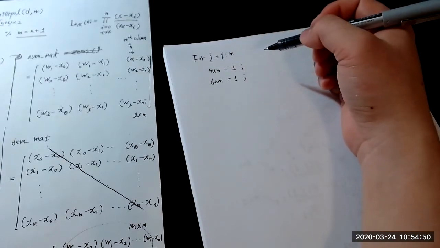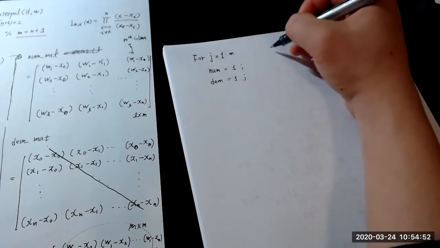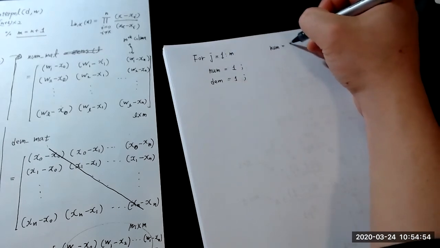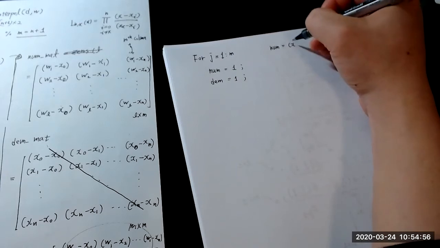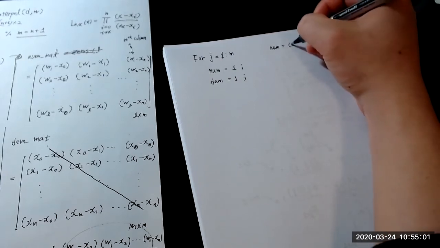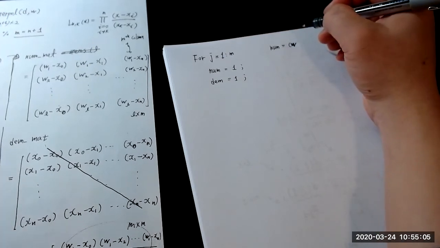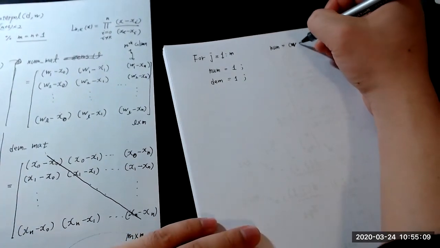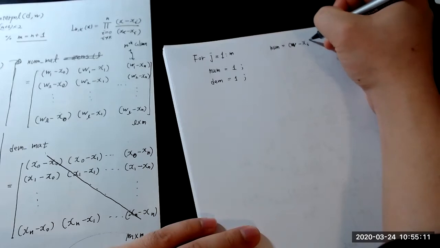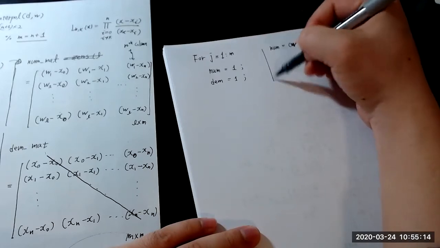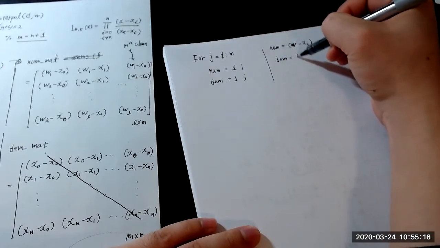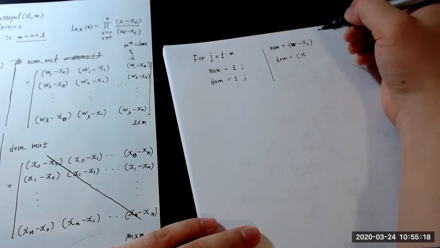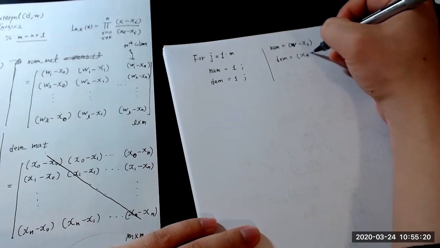We start from this. So I just declare a new variable. Okay, num, and den. So num is gonna be w. I'm sorry. So w minus xi. Okay, and the denominator is gonna be xk minus xi.